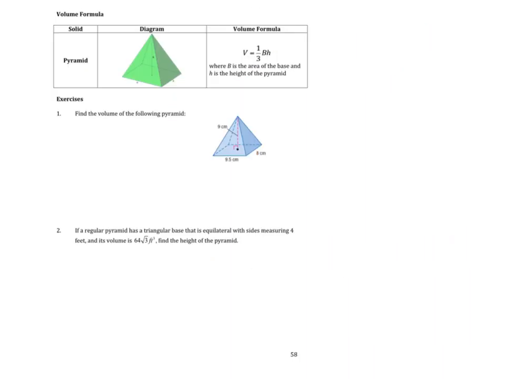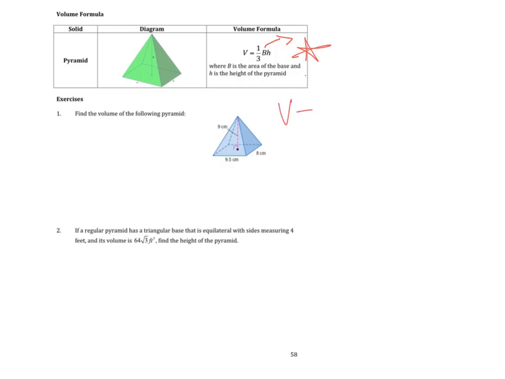In this picture, we have a solid that's called a pyramid, and the volume formula is equal to 1/3 capital B times h. Please keep in mind capital B is the area of the base, and h is the height. So find the volume of the pyramid.